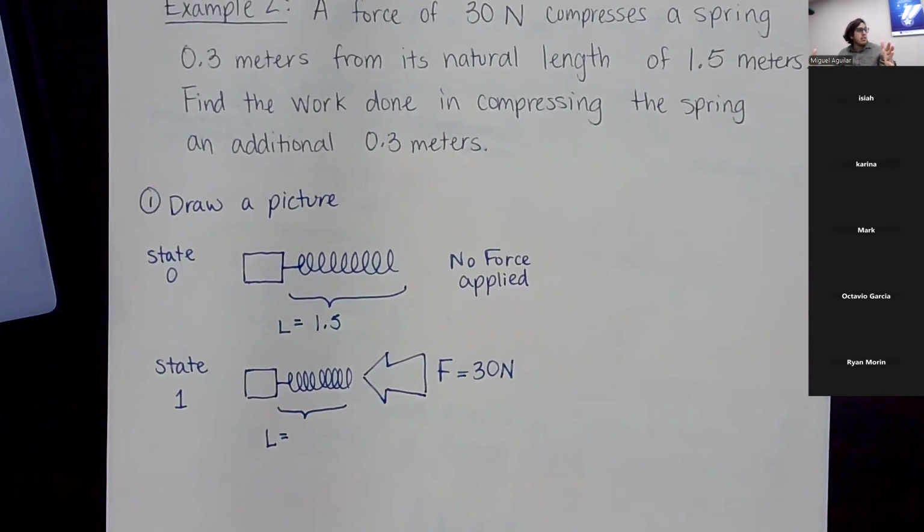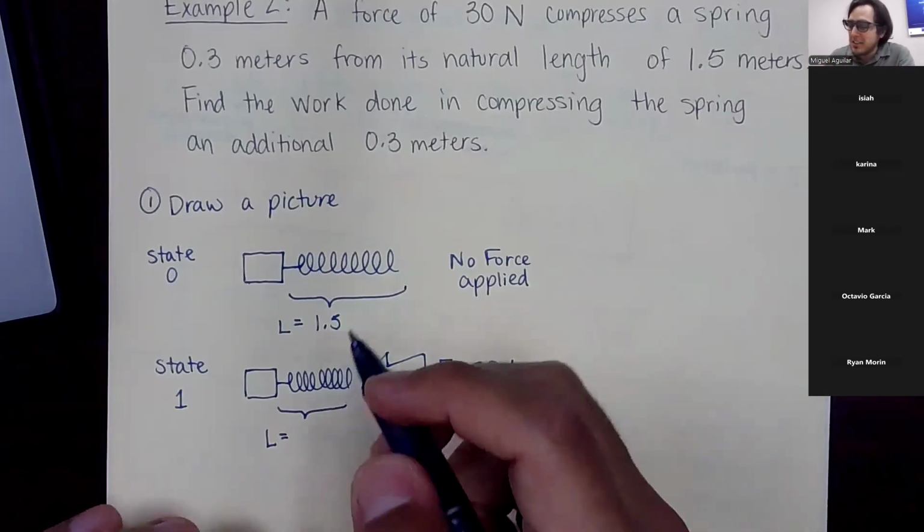Just think about holding a slinky in your hand, right? If it's a length of 1.5 meters and then you compress it by 0.3 meters, how do you find the new length? Subtract it. Yeah. So I saw you guys flipping through the notes and I was like, okay, you guys think that this is a trick question and it's not.